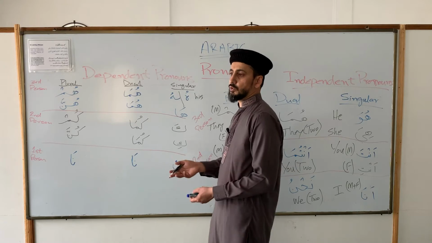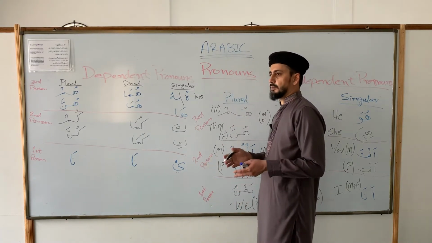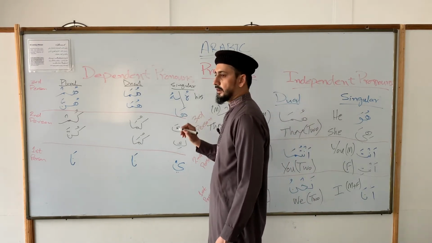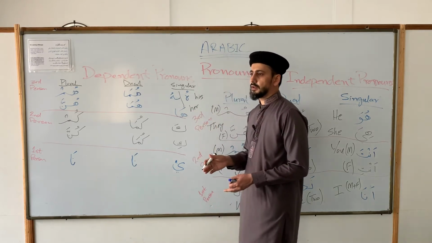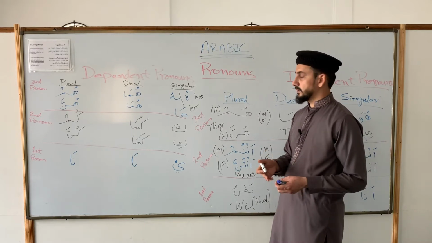For example, kitabuhu, his book, right? So kitab means book, hu means his. Ha means her. So kitabuha means her book.